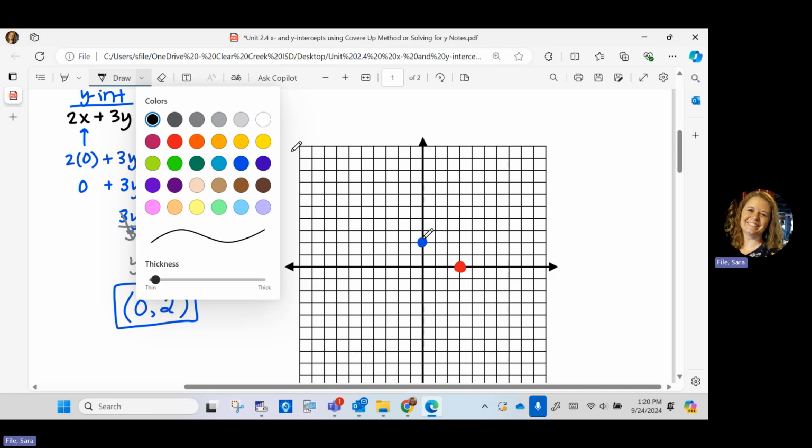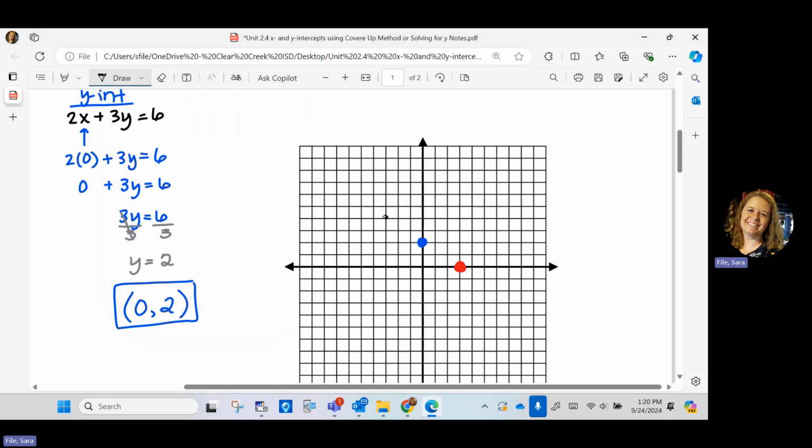So if I wanted to, I could go up 2, left 3 again and put another point there, or I could go down 2, right 3 and put a point on that end. You could get however many points you want to help you sketch your line nice and straight. I've got rulers in the back if you want a straight edge.